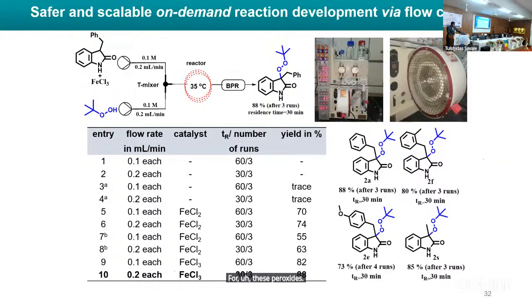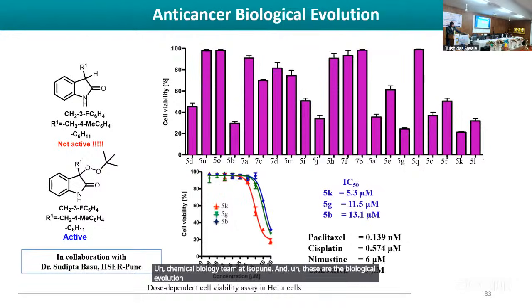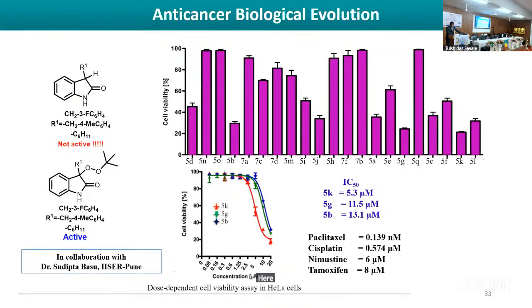And as we anticipated initially, peroxides will undergo some sort of ferroptosis reaction in cancer cells. So for that reason, we collaborated with the chemical biology team at ICFCMS Pune, and these are the biological evaluations for some of the compounds. Here we got 3 best compounds with IC50 values ranging from 5 to 13 micromolar.